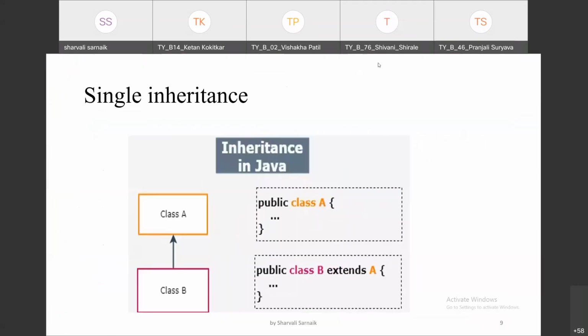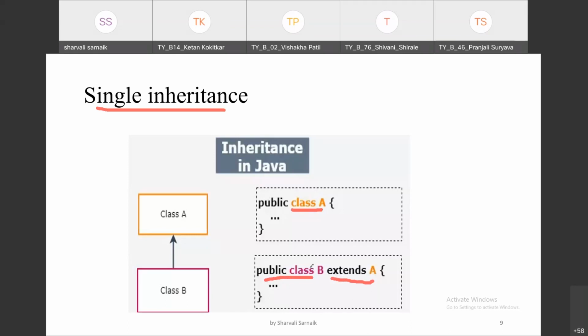Now see, here in the single inheritance example, as I said, class B is inheriting the features of class A. So the syntax will be, first we have to declare a class A. Okay, so first we will take one class A. Now I will declare another class B and I want to take the features of class A, so I'm writing extends A. Extends is the keyword in Java programming and A is the previous class.